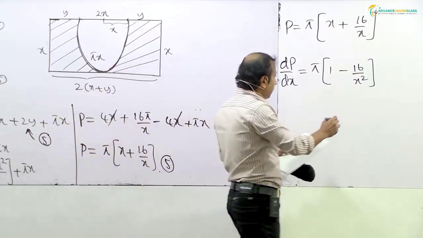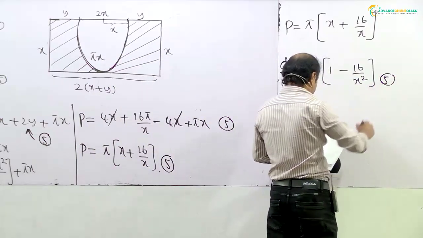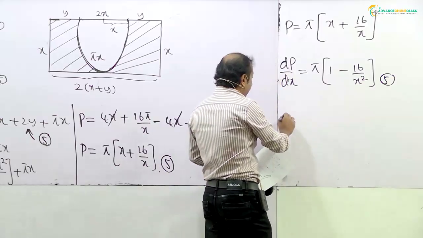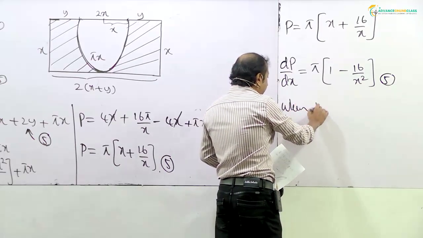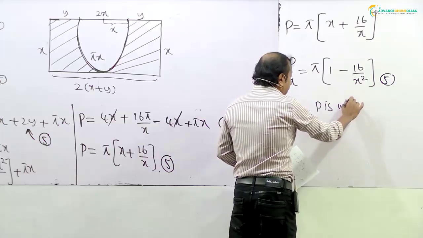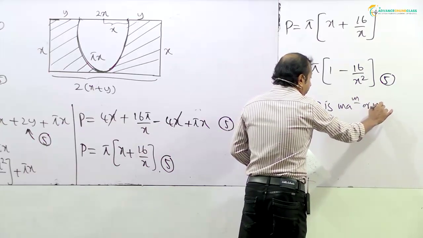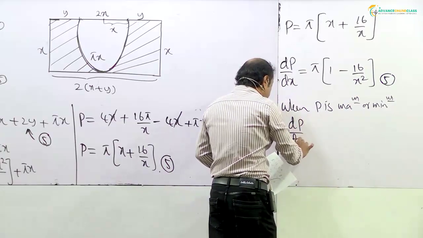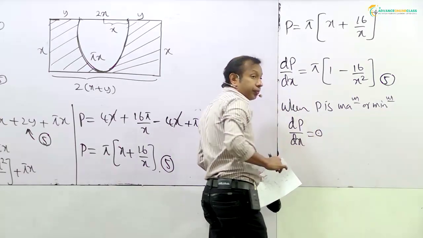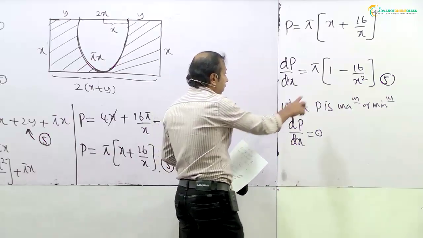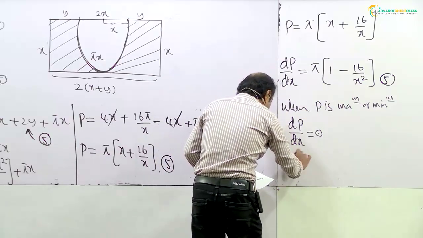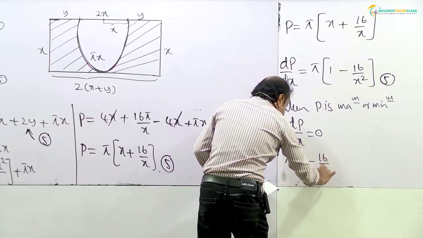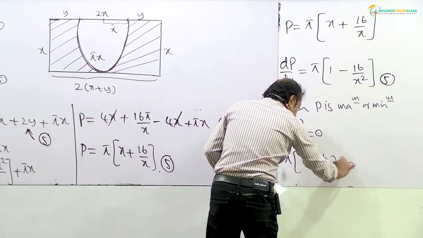5 marks. Right. Now we can write when P is maximum or minimum, dP over dx equals 0. Okay. Here, equate this to 0.